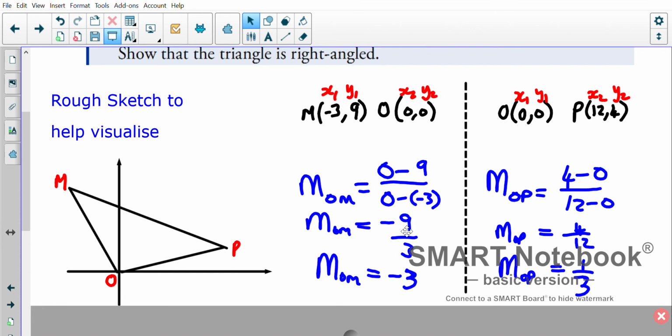Tidy that up and you get -3. So let's look at this other line, from O to P. Labelling our coordinates, (0, 0) and (12, 4), on the top we'll have 4 minus 0, and 12 minus 0 on the bottom. So that simplifies to 4/12, which simplifies again to 1/3.